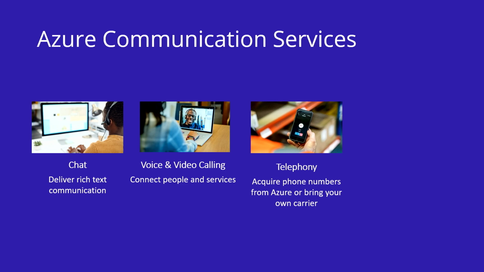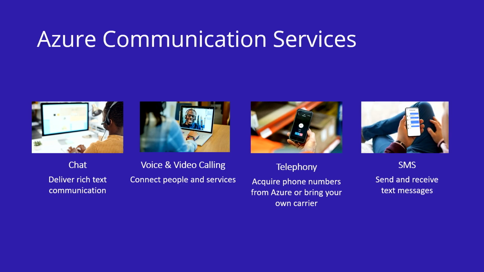And of course, if you have telephony, you can send SMS messages. And again, you can use your own numbers, or you can get numbers from Azure. So those are the primitives that you have with Azure Communication Services.